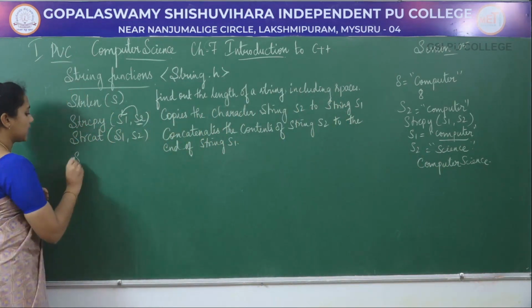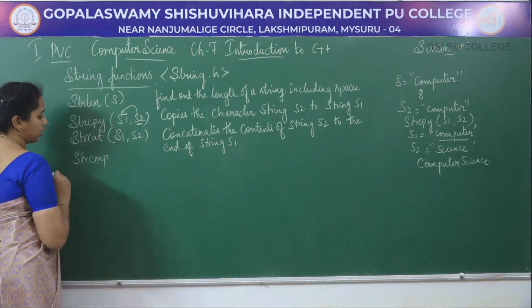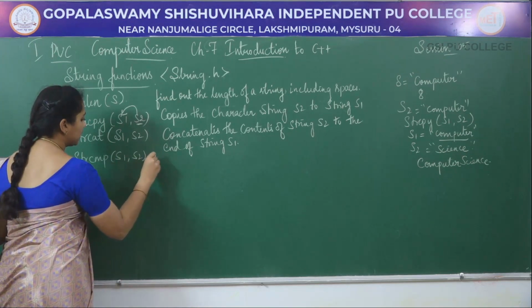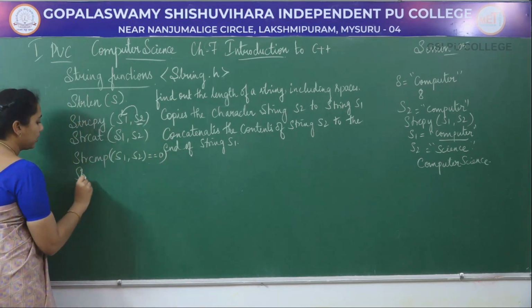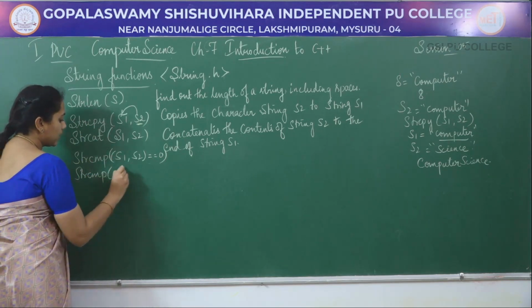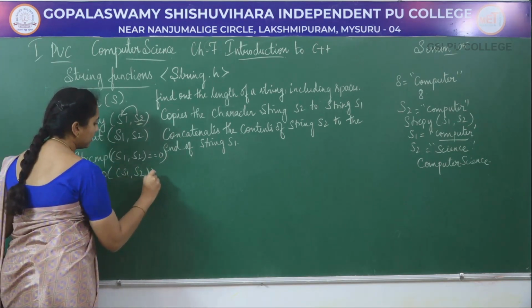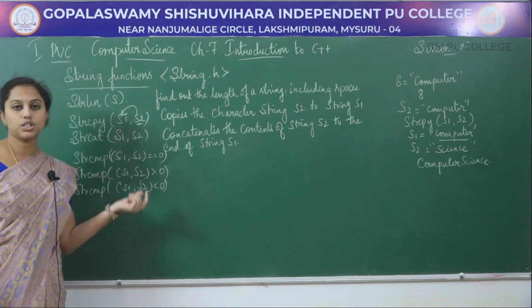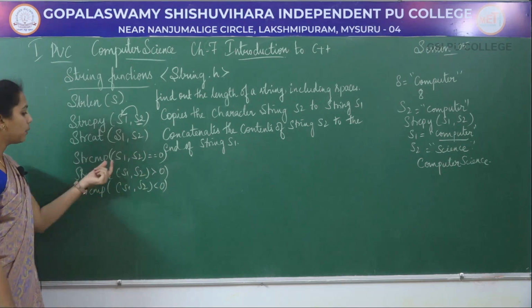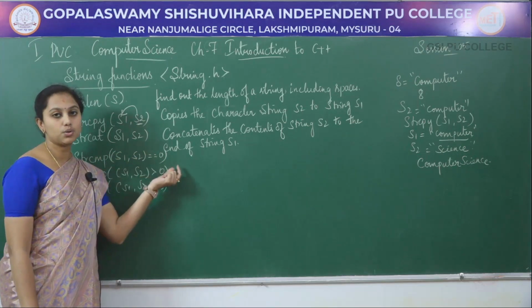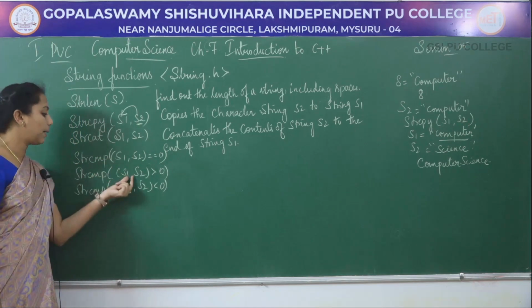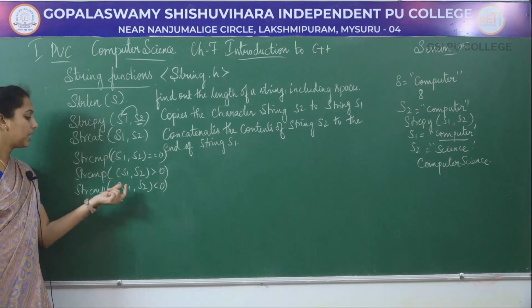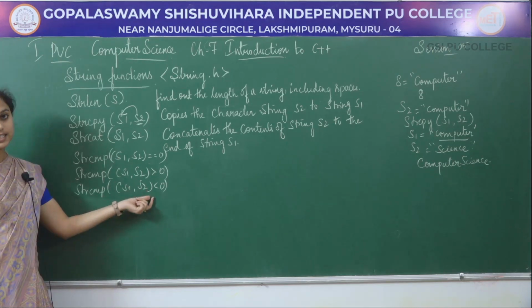Next function is the string compare function, strcmp S1 comma S2. It returns 0 if equal. The string compare function is used to compare whether string S1 is equal to string S2, or whether S1 is greater than S2, or whether S1 is less than S2.